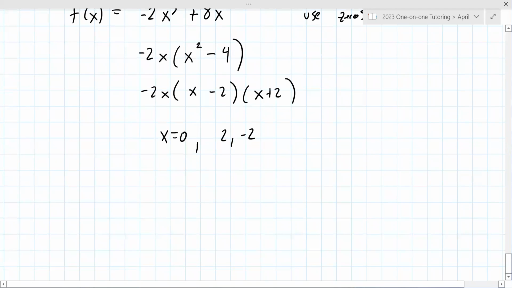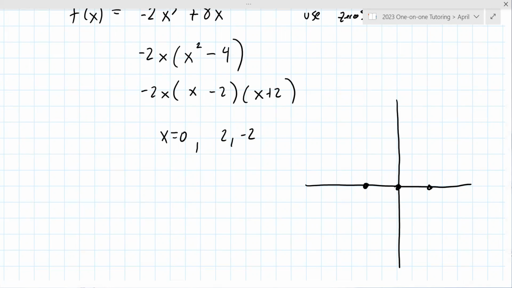And so when we went to the graph, here's 0, here's -2, here's 2. The question was, how do you know which way it goes? And I recommended testing a point in between one of them, maybe 1, something like that.